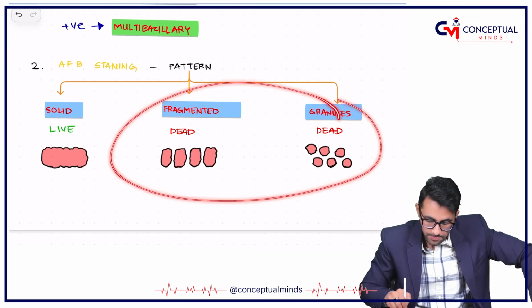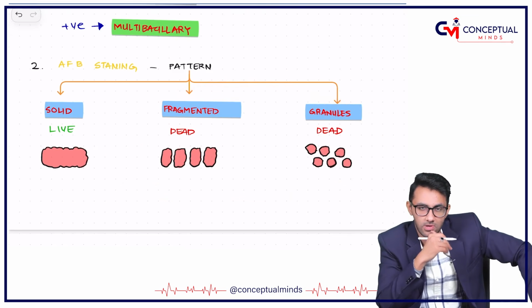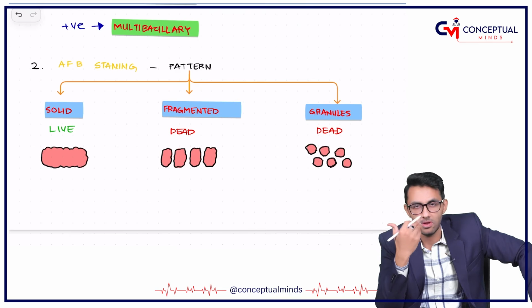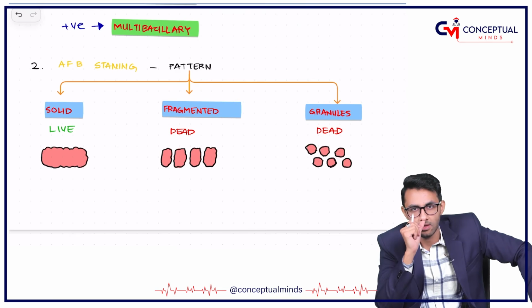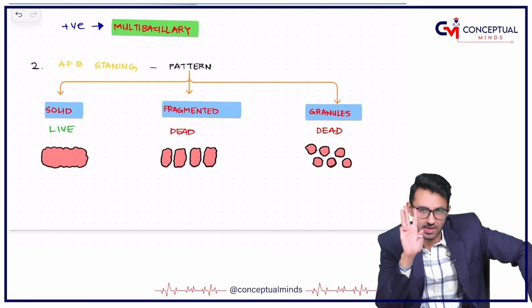I will check the morphological index and bacterial index. These indexes become important to check progression, drug efficacy, and whether the patient is responding or not. This is where these concepts come into play. I am building a concept that I will be using later.